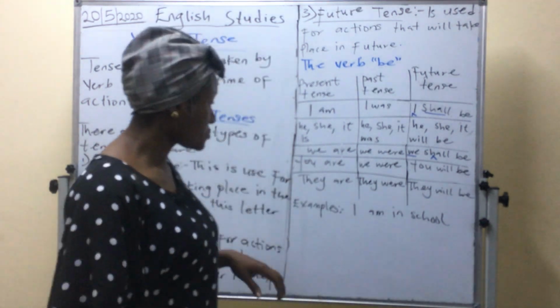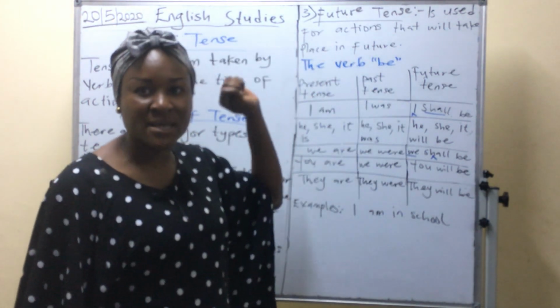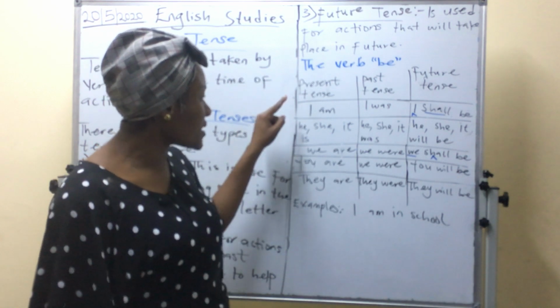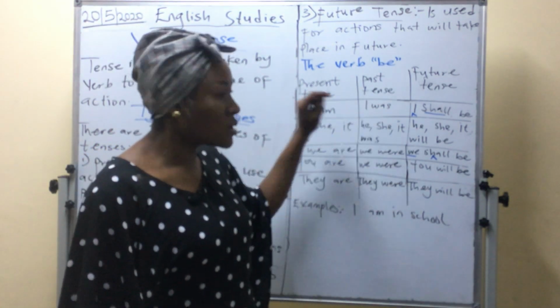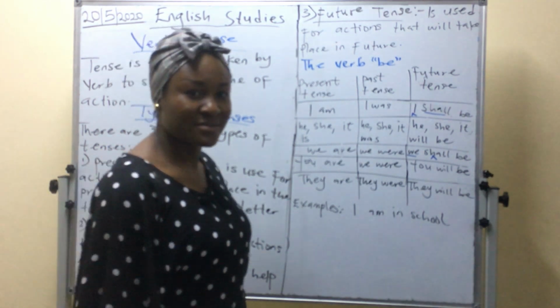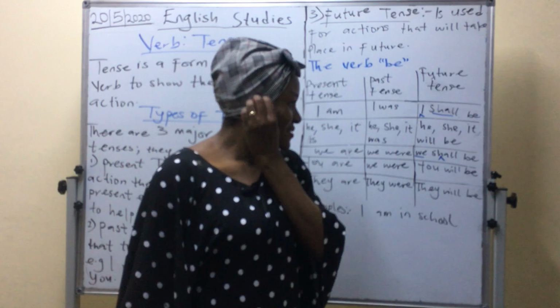So these are the examples of the verb be.